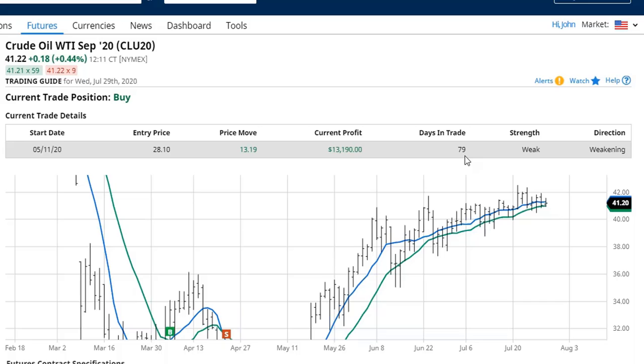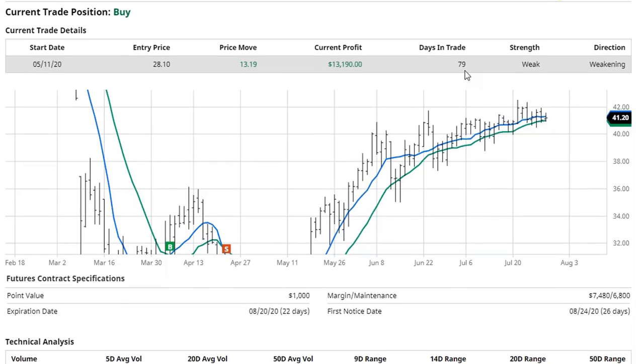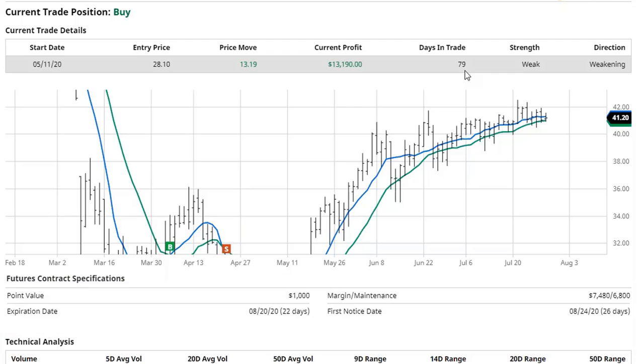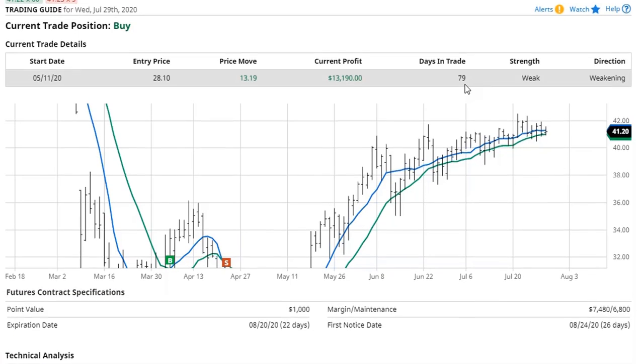And in crude oil, a lot of you know that crude oil rolls over or has expirations on the contract months, once every month. And so in this example here, if I was in this trade, I might be getting close to the time of expiration. This could be a problem for me, a risk that I need to be aware of. So I want to discover that with you guys together.